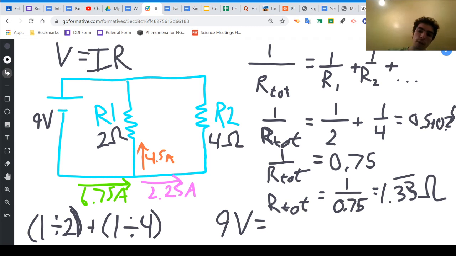We have some current that we're trying to solve for. I'm going to write that in green so we can see more easily if it matches. Times this 1.33 ohm total resistance. That's the sum of the reciprocals and then inverted of each of our resistors.